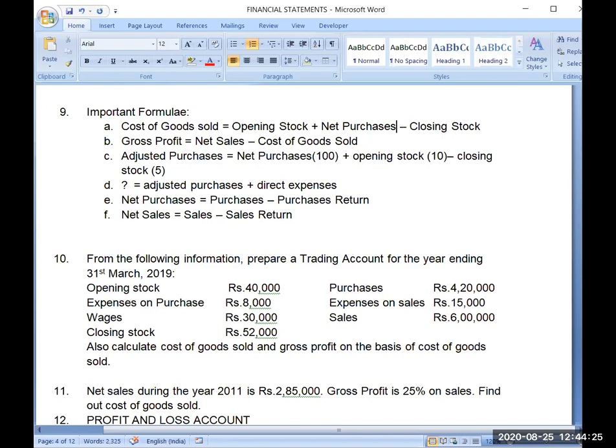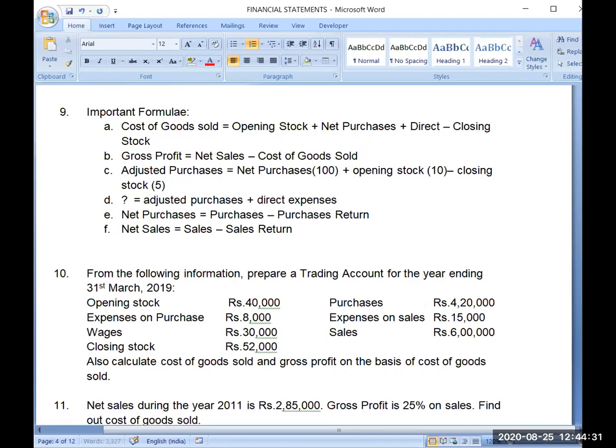Now I have added here direct expenses also. So when I am adding direct expenses in the adjusted purchases, I will be getting cost of goods sold. I hope it is clear now.